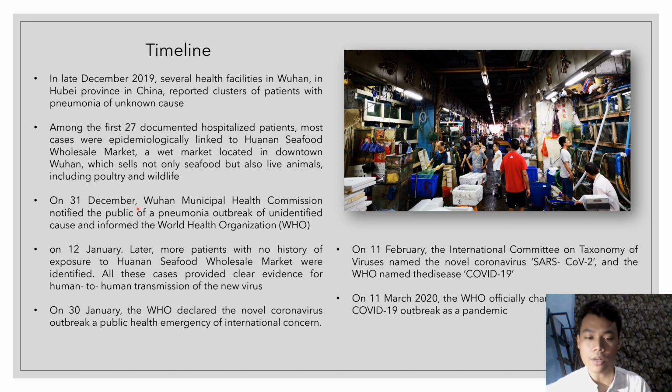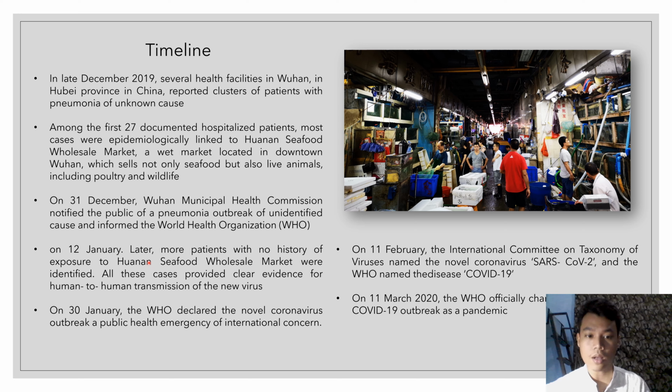On 31 December, Wuhan Municipal Health Commission notified the public of this outbreak and also informed the World Health Organization. And later on 12 January, more patients but with no history of exposure to Huanan seafood market were also identified.